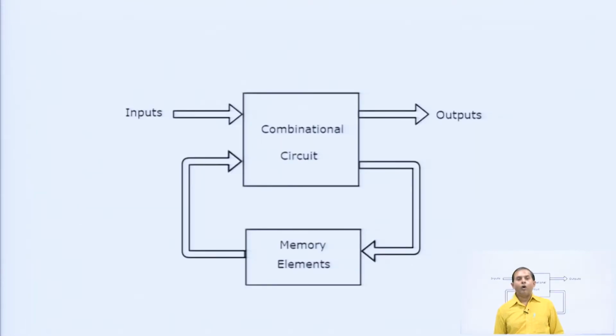Already in the previous lectures we have discussed combinational circuits. A combinational circuit is nothing but one where the present output depends on the present input. But in a sequential circuit, the present output depends not only on the present input, but also on the previous output. This is a very important concept.